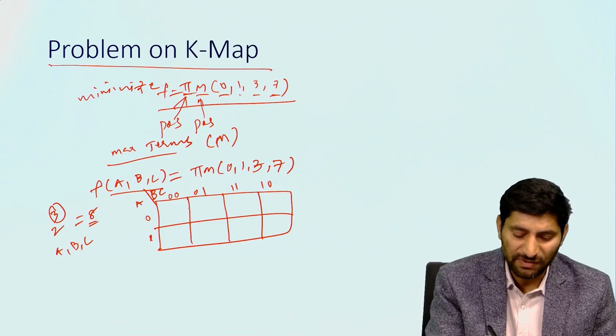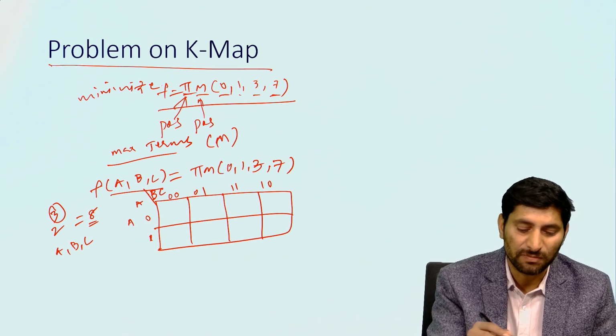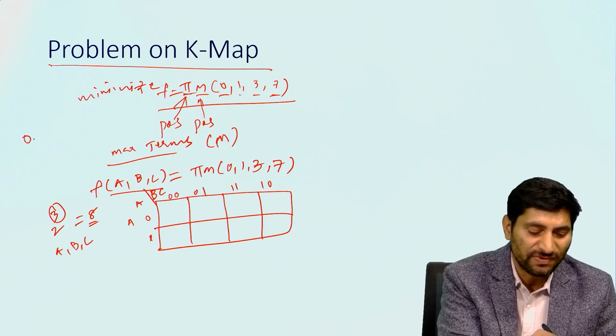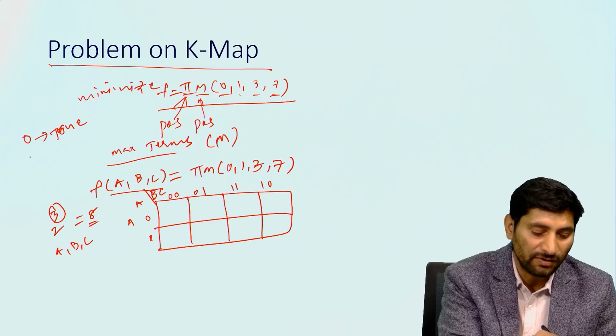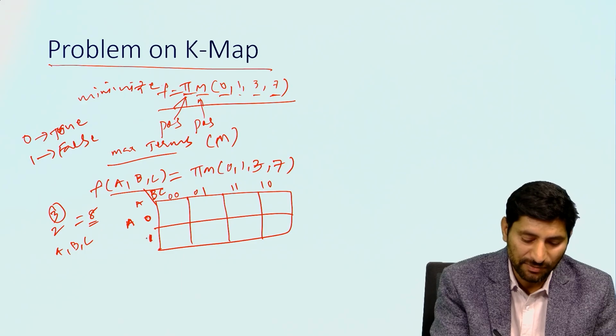Now, to represent this, as you know, in POS form 0 indicates true and 1 indicates false. So here 0 means A and 1 means A bar.